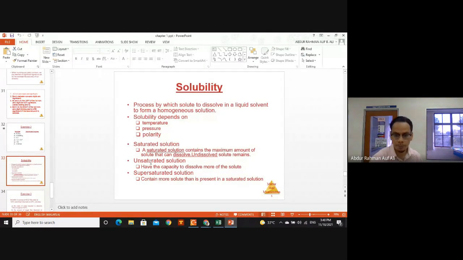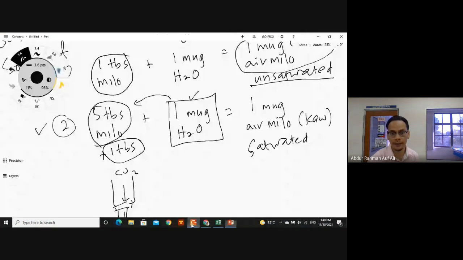Okay, mengandungi lebih banyak solute yang sepatutnya dia boleh dissolve. So for example, I'm going back to my air Milo balik. So katakanlah dalam this example, air Milo number 2 ni, lepas saya letak 6 sudu serbuk Milo, saya kacau lah, dah setengah jam kacau ni, dia tak larut-larut juga. So I take the mug, saya letak dalam microwave, and then I microwave for 1 minute.